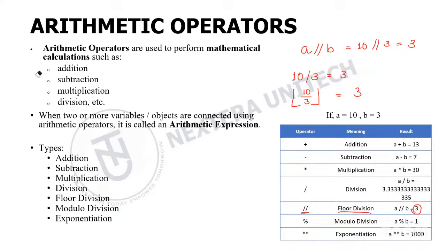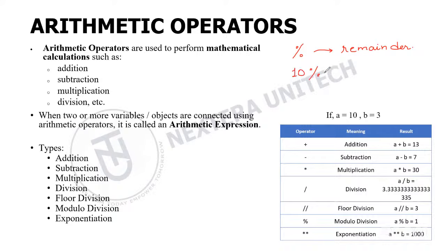And then moving on, we have the modulo division. This modulo operator is also the percentage symbol, and what it does is give us the remainder when you divide two numbers. So when you do 10 modulo 3, it will give the remainder, which is 1.